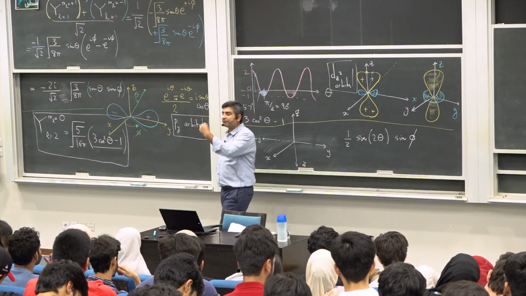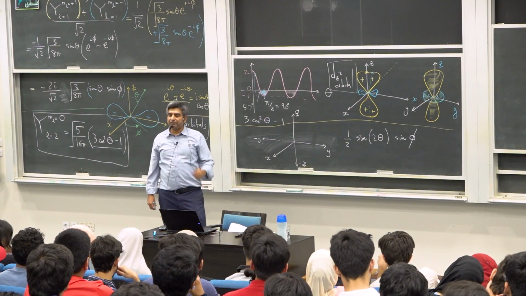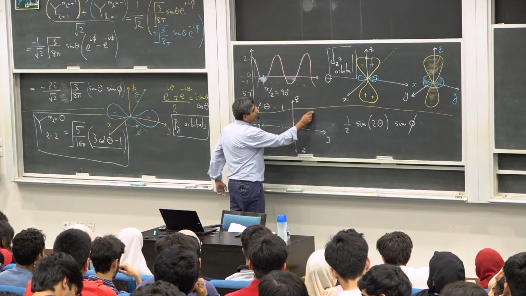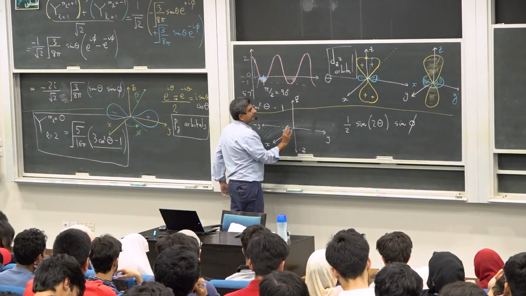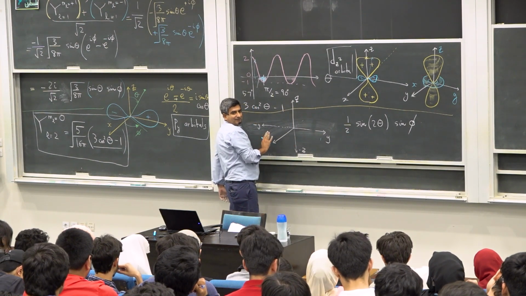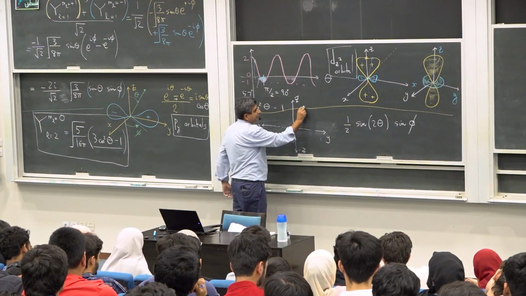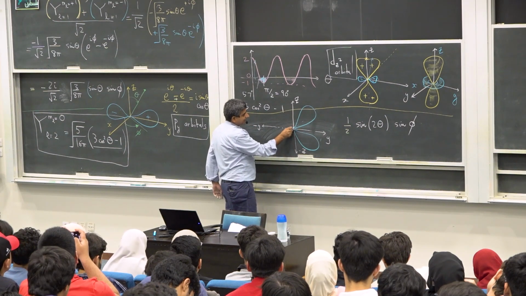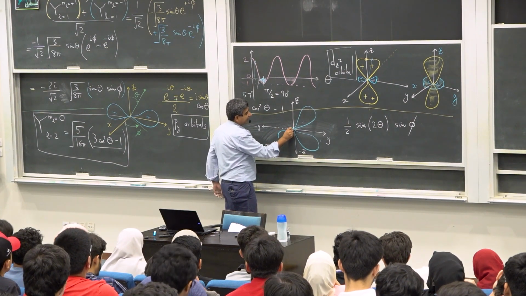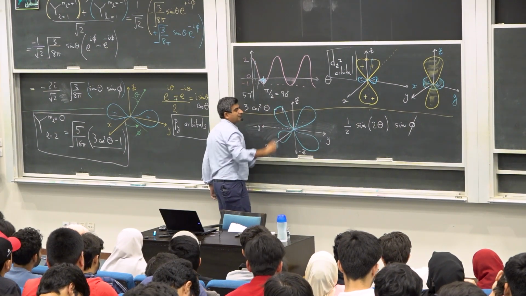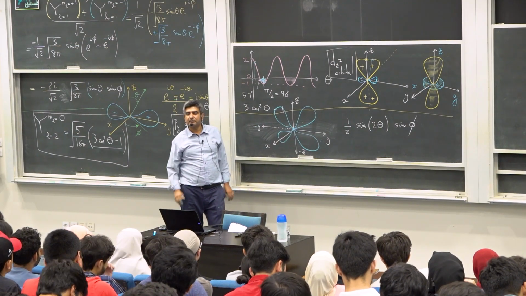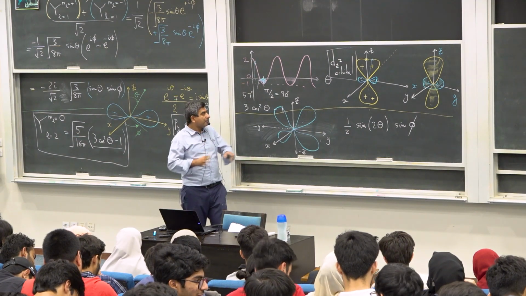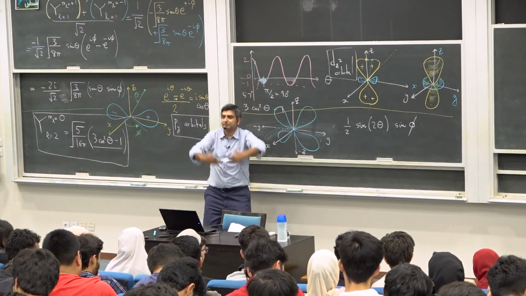At what value of theta is it maximum? At 45. This is very simple in fact. So at theta equals 45 degrees on the zy plane, I get a lobe here, I get a lobe here, and I get a lobe here. Flower shaped pattern, which is predominantly in the YZ plane.